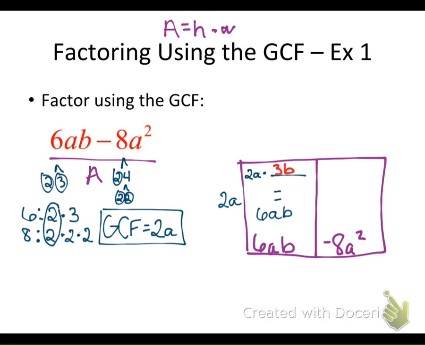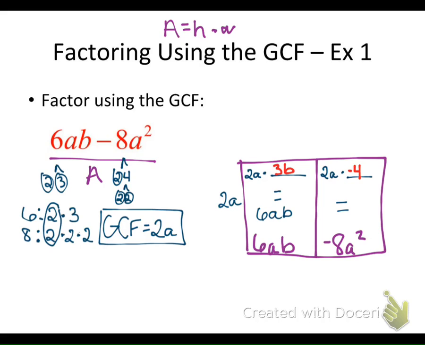All right, and let's plug these numbers in over here. So we have 2A times blank equals negative 8A squared. What am I going to need over here, Darius? What times 2 equals negative 8? Negative 4, thank you. Negative 4.